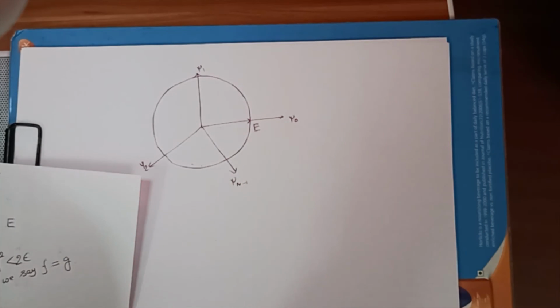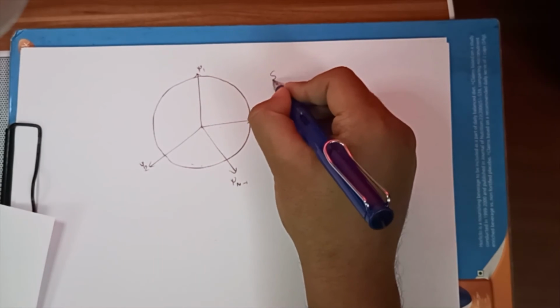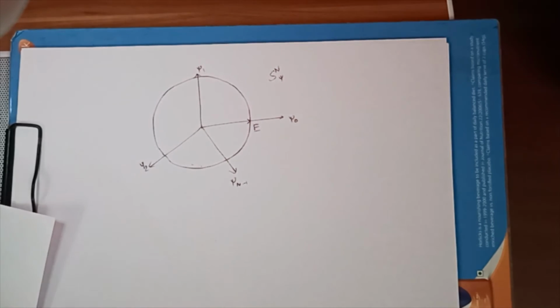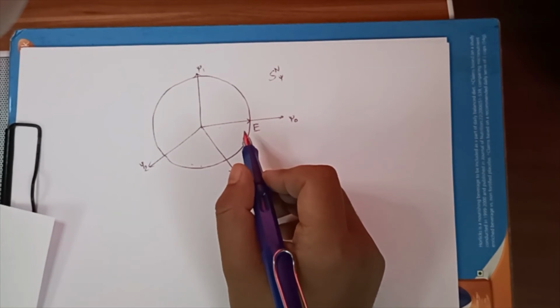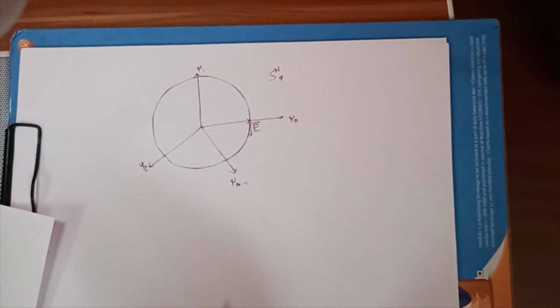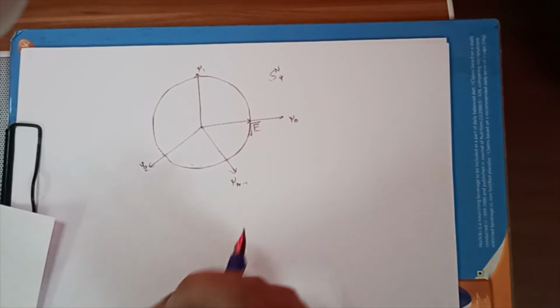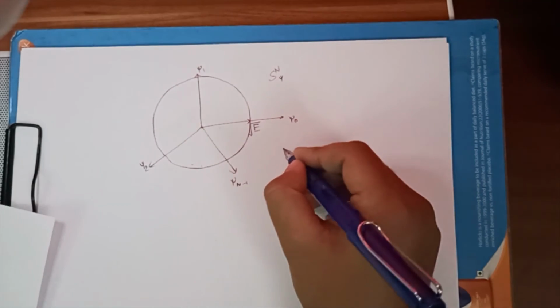So all my functions which belong to this particular space, this space Sn psi, and having finite energy E. Energy is E, so the radius is root E, which is basically the square root of the energy, the norm. Norm is root E. So every signal will belong to this sphere. So what is the volume of this sphere?